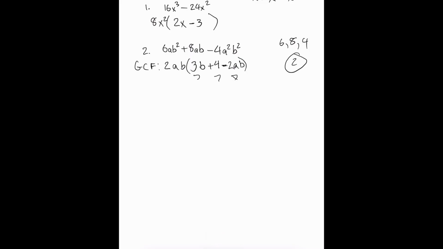So that's just a quick check, right? Let's use question 1 for example. 8 times 2 is 16. X squared times x is x cubed. And 8x squared times negative 3 is negative 24x squared. Right back to where we started, which shows that we factored correctly.